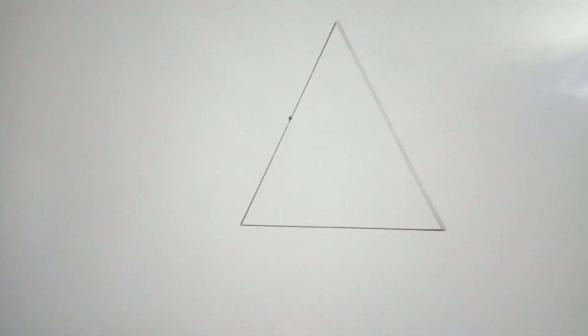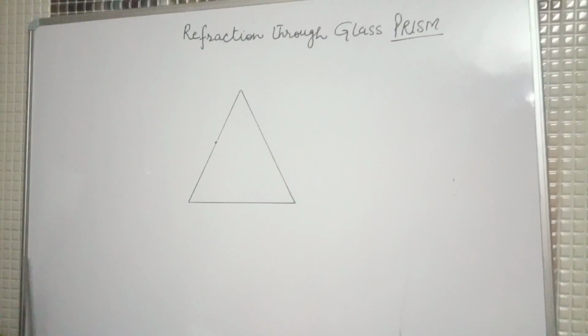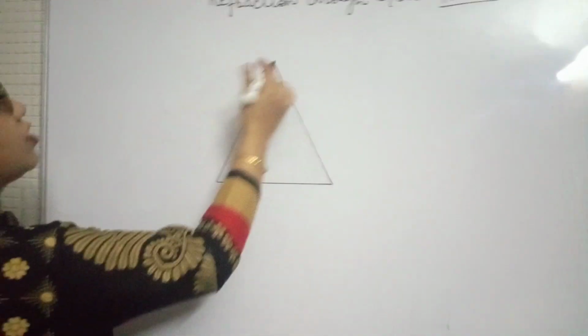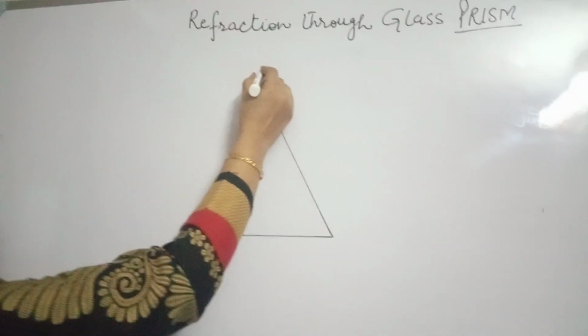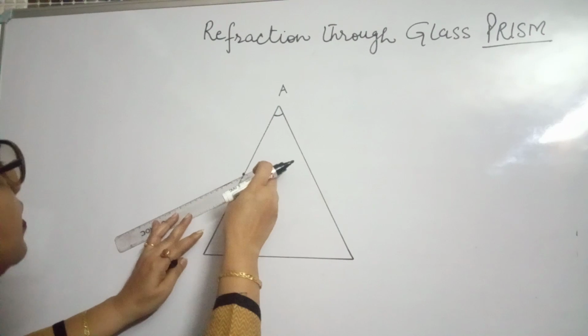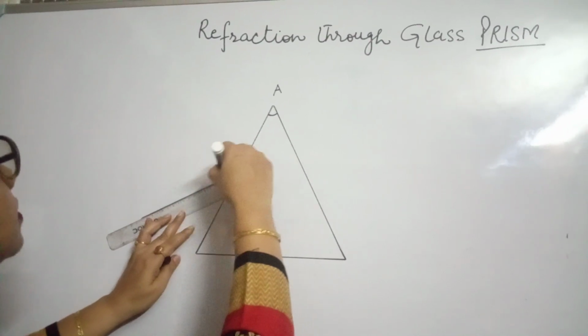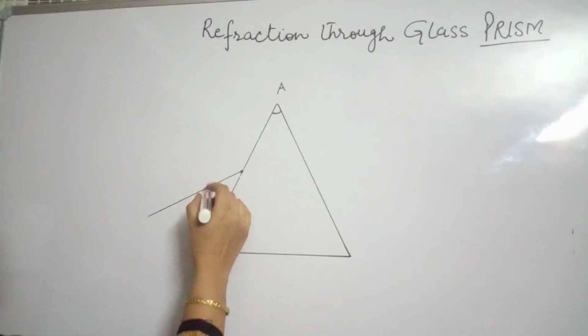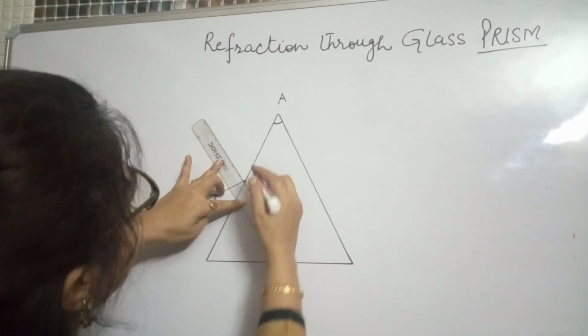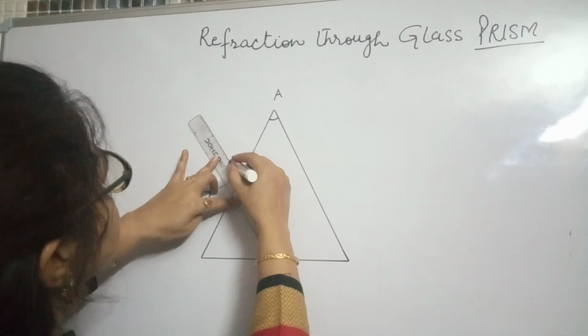When I show refraction, I just consider the first face, in the form of a triangle on the board. So these are the two refracting surfaces I am showing. This is the base and this is the angle of prism, represented by A. Now one incident ray strikes one refracting surface, and I will draw one normal here.